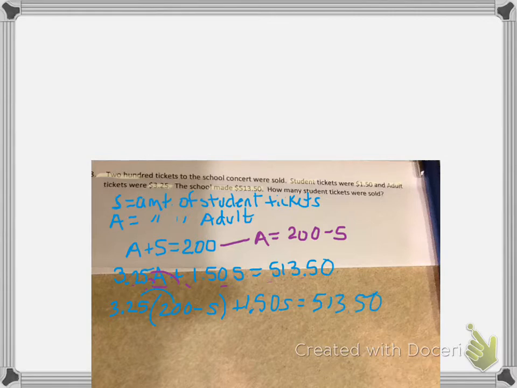Then I can go ahead and use the distributive property. And that's going to give me 600 minus 3.25S plus 150S, $1.50 S, equals the 513.50.